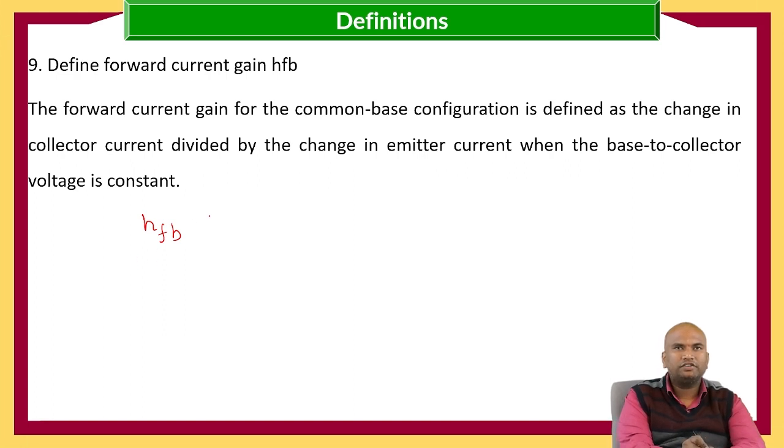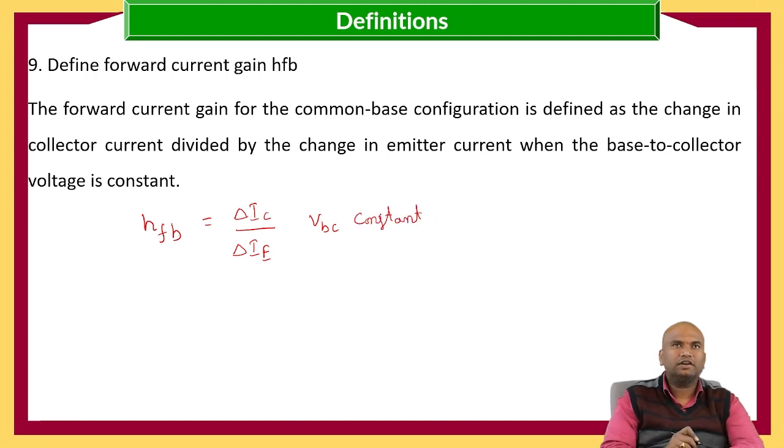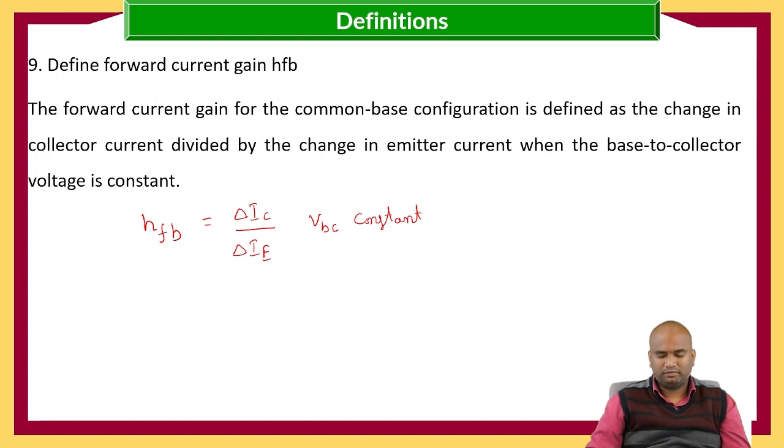Here HFB is delta IC by delta IE with VBC constant. This is the current gain in common base configuration.